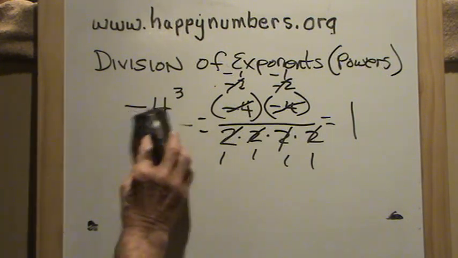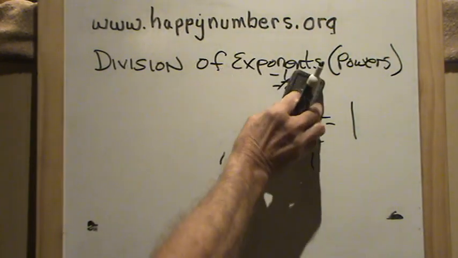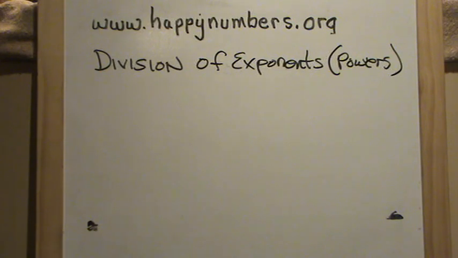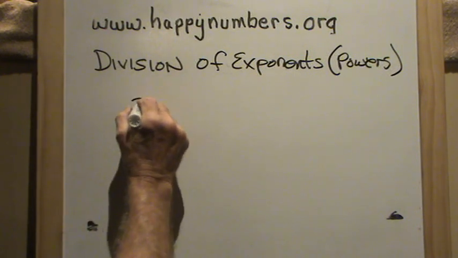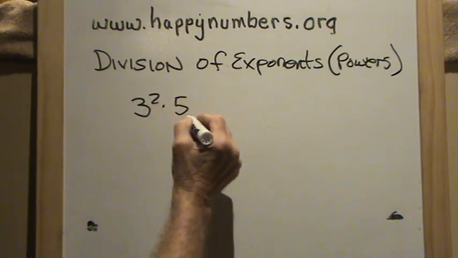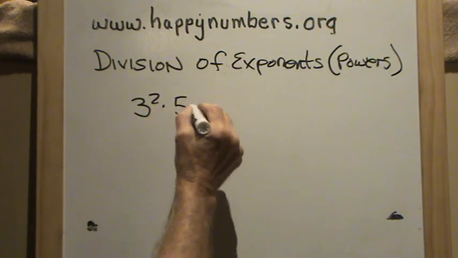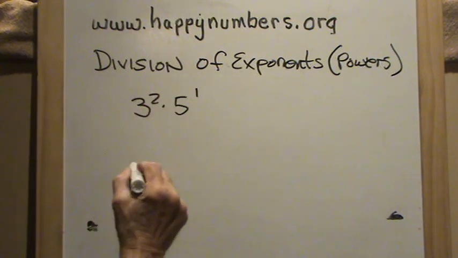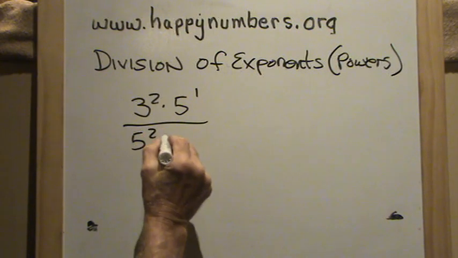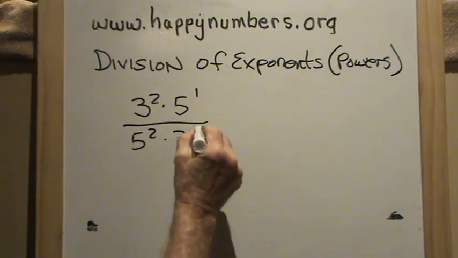Let's take a look at another one. Let's take a look at something that looks like this. 3 squared times 5 to the first divided by 5 squared times 3 to the fourth.